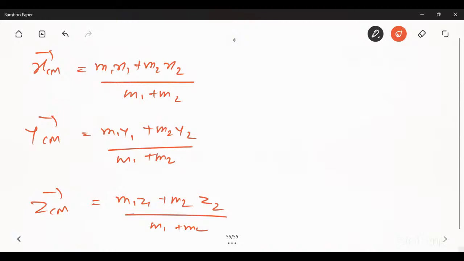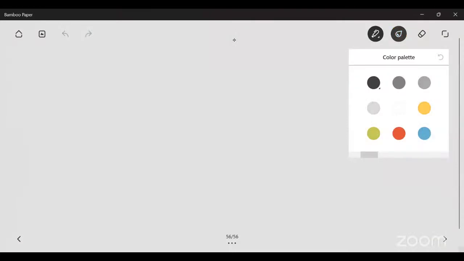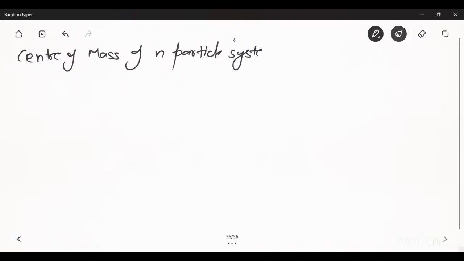Now, the center of mass of an n particle system. A particle system means a system which has n number of particles. In the previous topic there were only two particles.